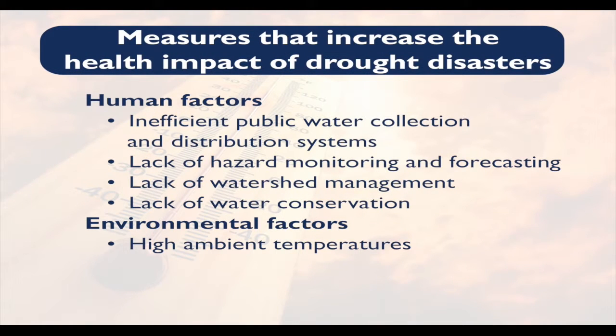Now, there are measures that increase the health impact of drought disasters, and one of them, as I mentioned before, is inefficient public water collection and distribution systems, so we waste what we have. In addition, of course, natural factors like high ambient temperatures increase the evaporation of these particular resources.